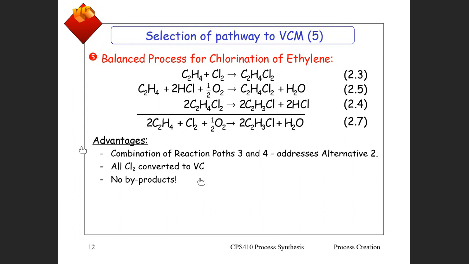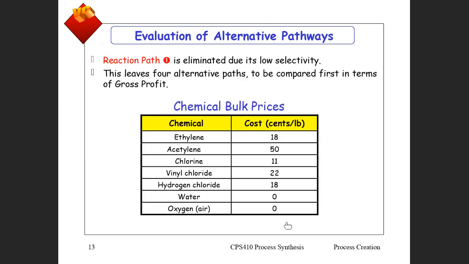Okay, let's move on from there. Right, so now we've got those 5 reaction paths that are possible. So now, the first thing we do, we look at reaction path 1, and we eliminate it due to its low selectivity.